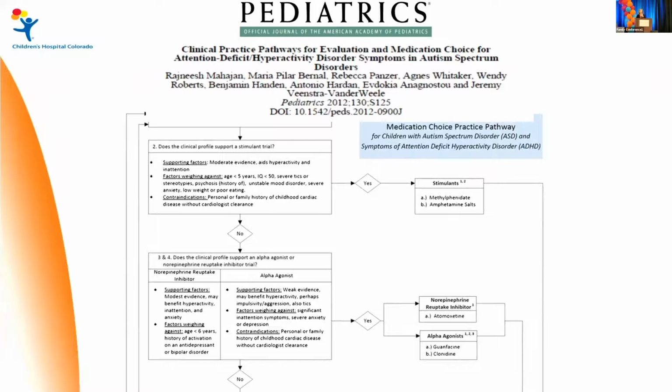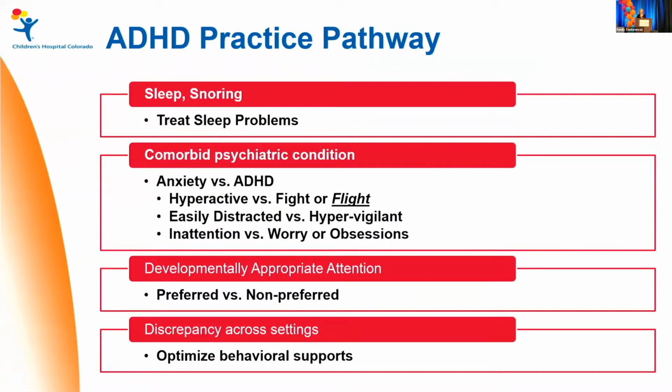And then when we're thinking about treatment with medication, this is just a nice example of how do you treat ADHD in a child with autism? It goes through kind of a pathway. Well, sleep can make you look like you have ADHD, so let's make sure we treat that first. Or is it ADHD or is it anxiety? If you're moving around all the time, is it because you're in fight or flight mode?